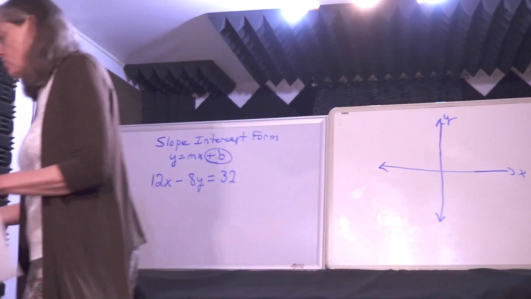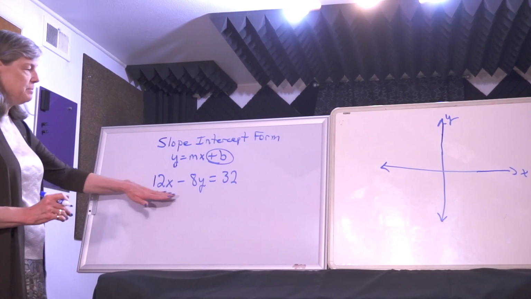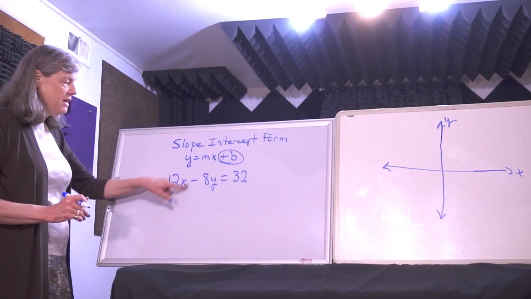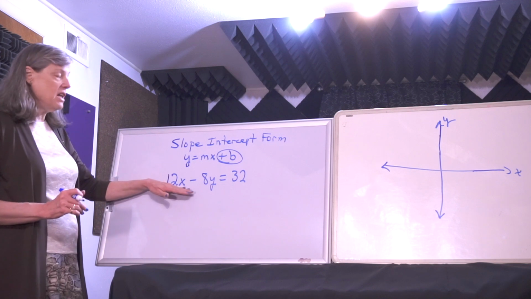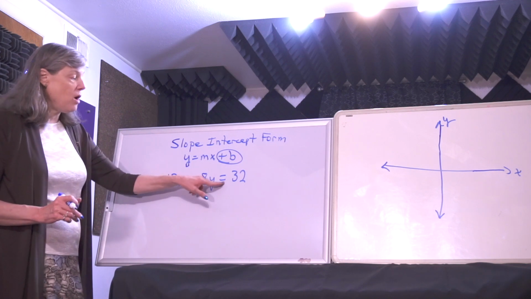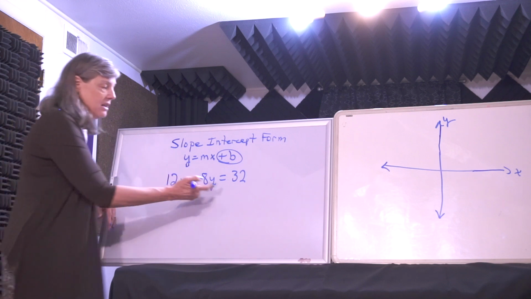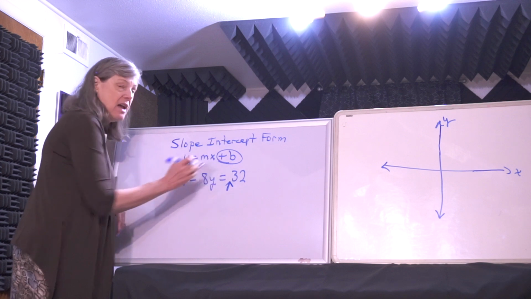All right, so in order to get this into y equals mx plus b, I'm going to have to start by moving the 12x to the other side. And just like always, when it goes across the equal sign, its sign will change. And I want to push it up right here between the equal sign and the 32.